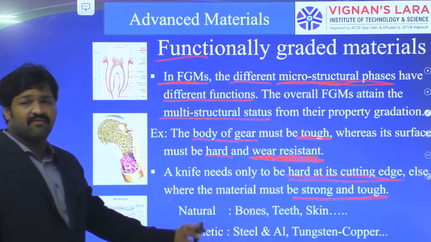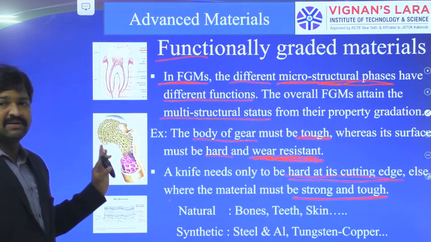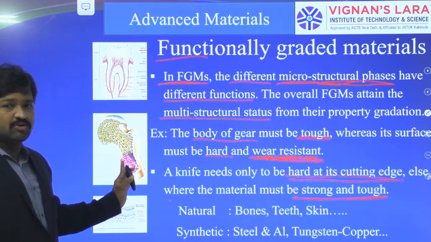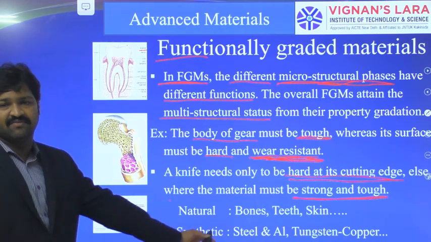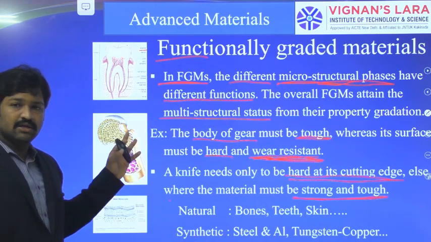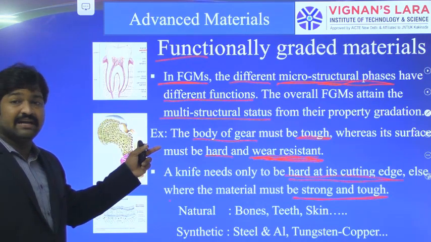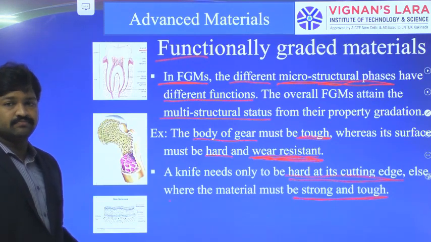It depends upon our functionality, it means it depends upon our functional properties. Those materials will vary, the combination will vary. But in earlier slides, we discussed that functionally graded materials can be tailored.